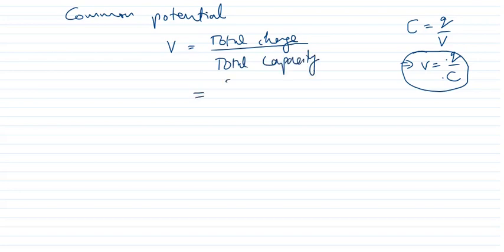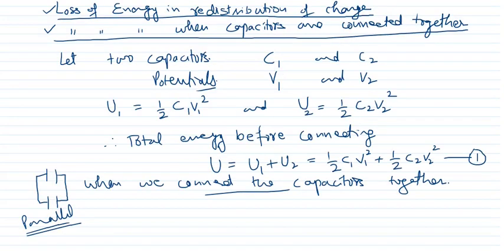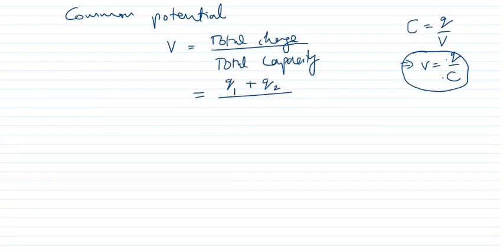Now what is the total charge? Total charge means Q1, charge on capacitor 1, plus Q2, charge on capacitor 2, and total capacity, because I have told you these are connected in parallel, the net capacitance will be simply the sum of the capacities. So therefore it will be equal to C1 plus C2.